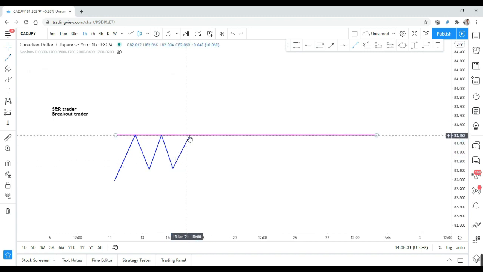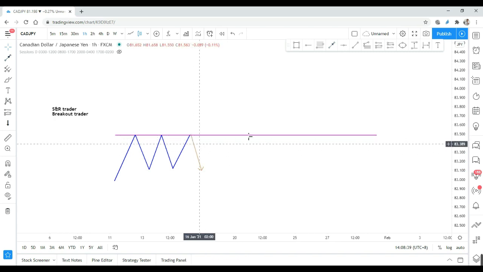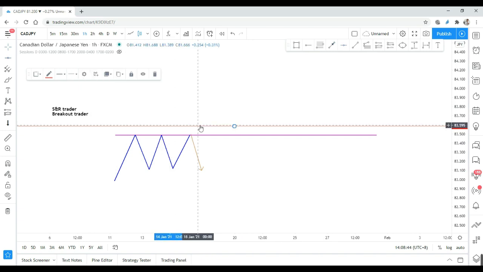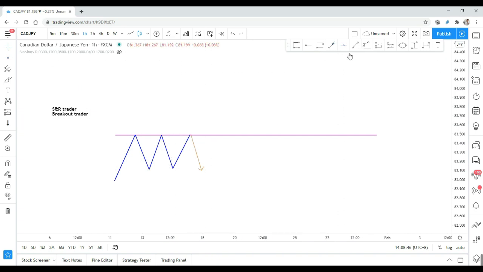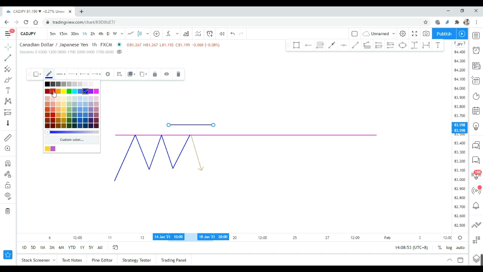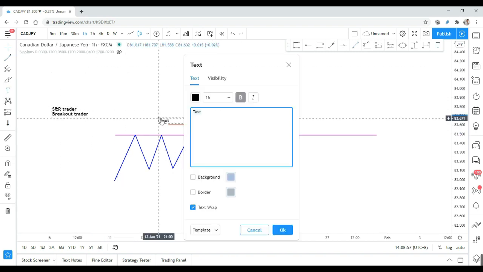At this point, the SNR trader will probably think that the price will come down, and they'll set their orders for a sell with their stop loss most probably around this area. Let's label it out: this is the S and R stop loss.